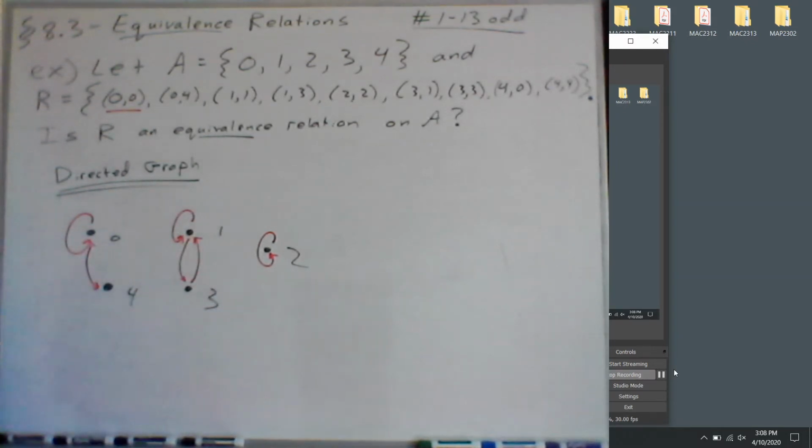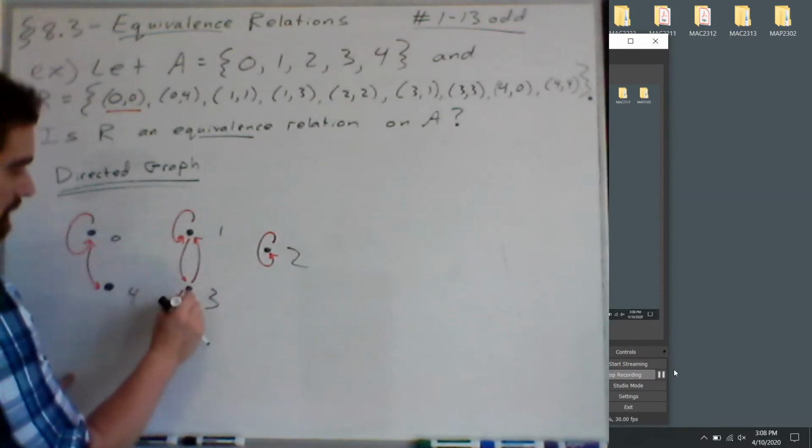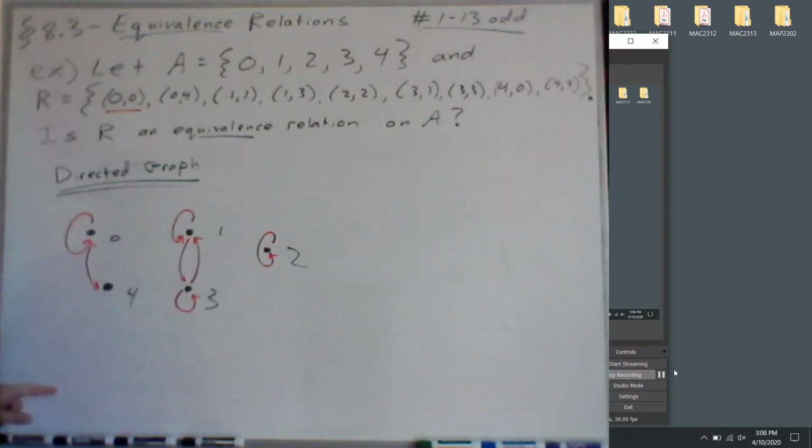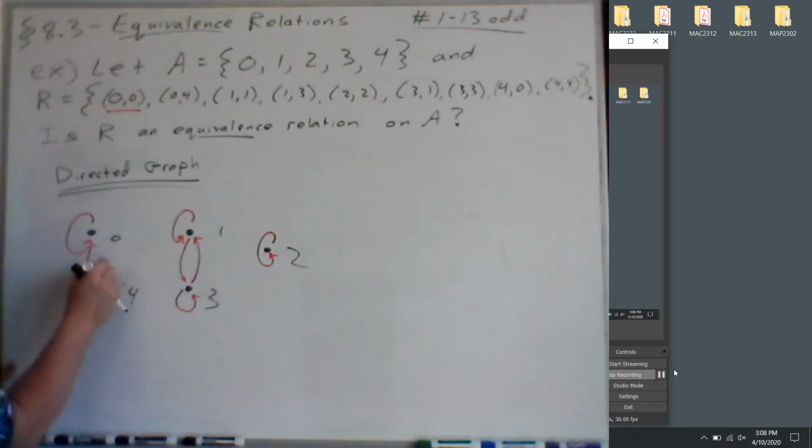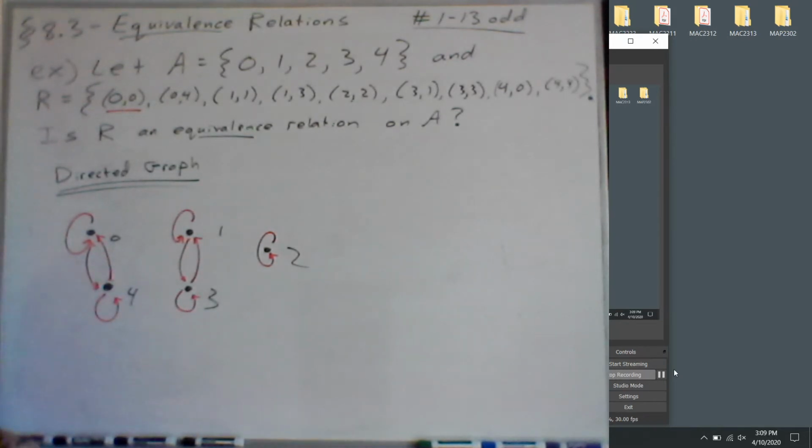Good, good. 3 is also related to 3. 4 is related to 0. And 4 is related to 4. Oh, wait, let me draw that to the node, not to the number. And 4 is related to 4.